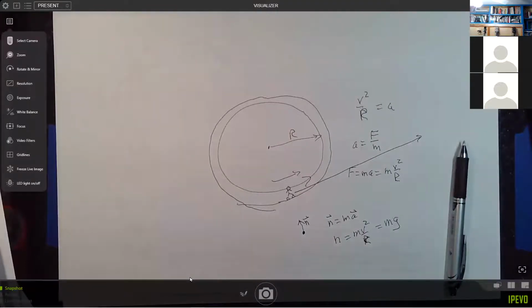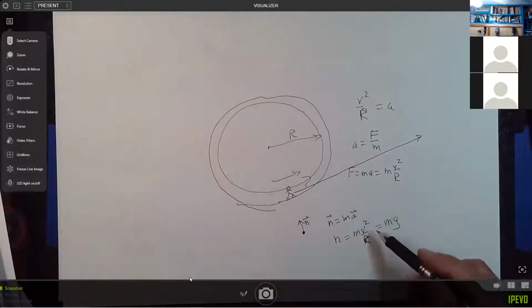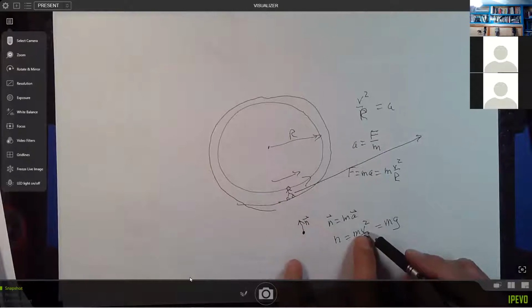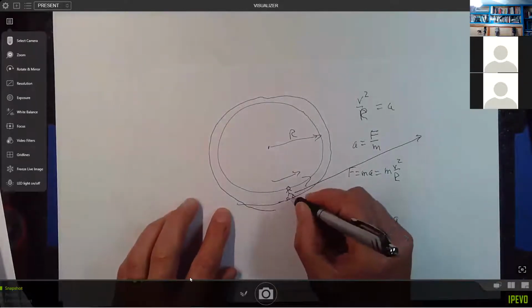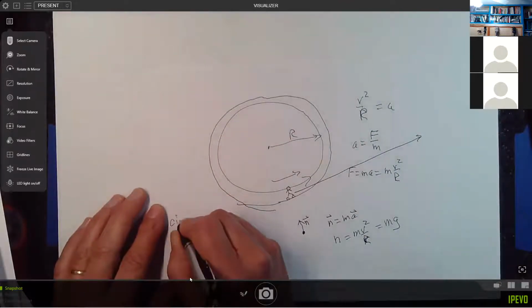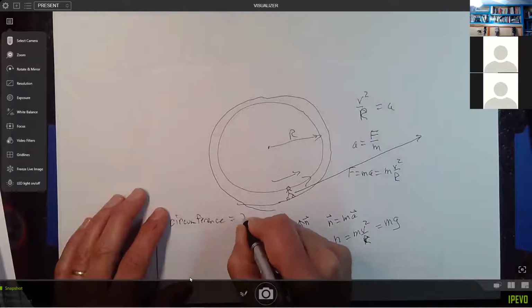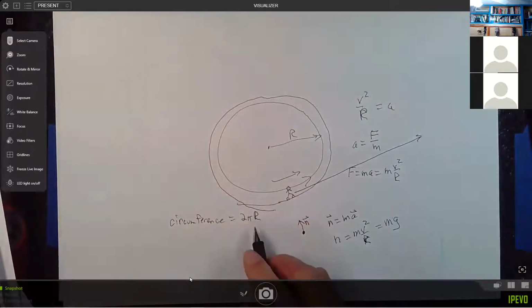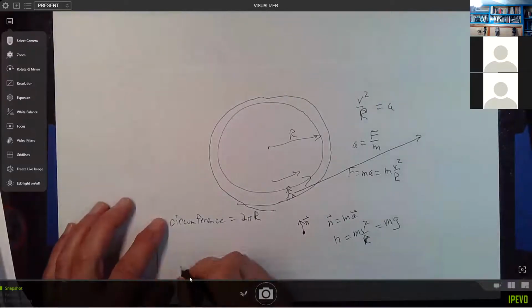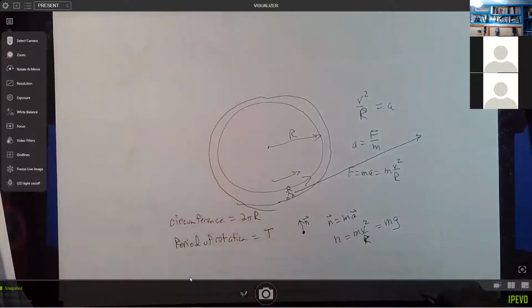All right, now, because we've got a v in here, we can actually solve for this thing a little bit and do some stuff with it. Now, the speed that you're going at when you go around here, we're going to let the circumference equal 2 pi r. That's the formula the Greeks figured out. And the period of rotation is equal to, I'm just going to use a capital T for it.